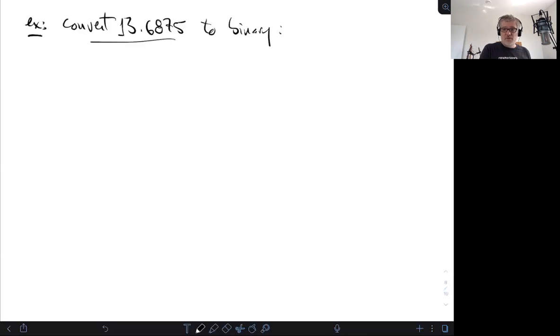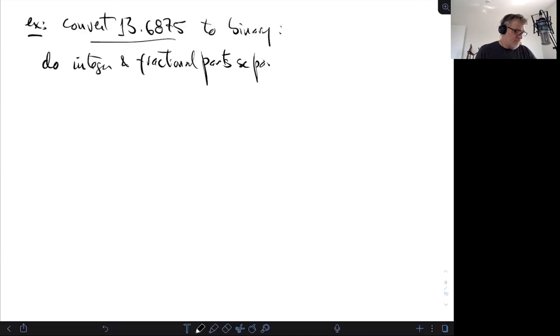Well, the integer part is one way, the fractional part is another way, and I just put them together after. So do the integer and fractional parts separately. Okay, so let's do the integer part.